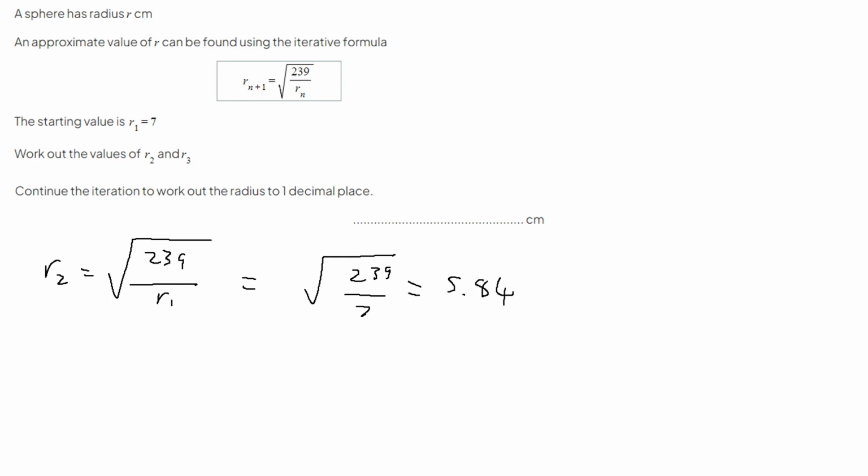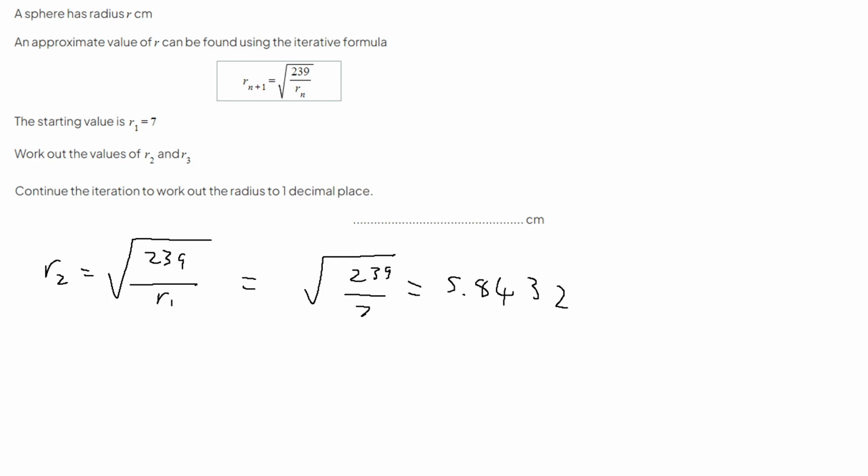And again, we're going to sub in the next value. Hold on, let me give it to more decimal places. It should be equal to 5.8432. Okay, sure, I'm happy with that.